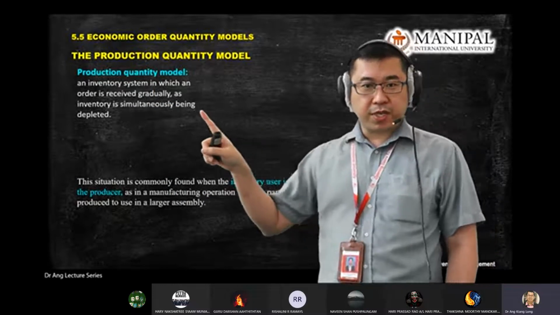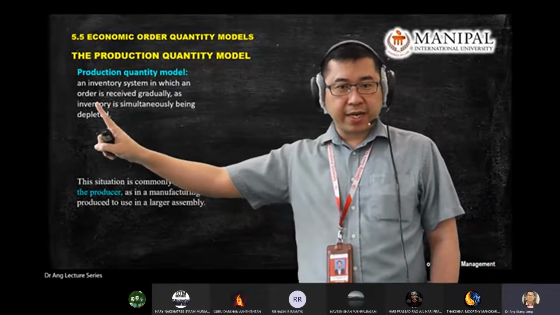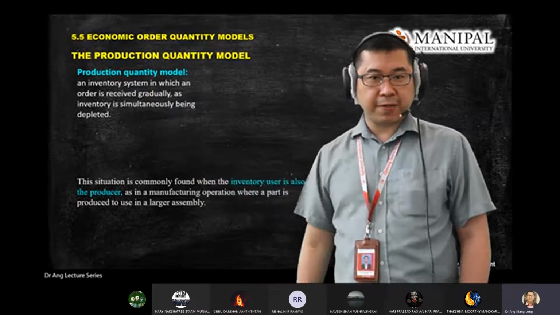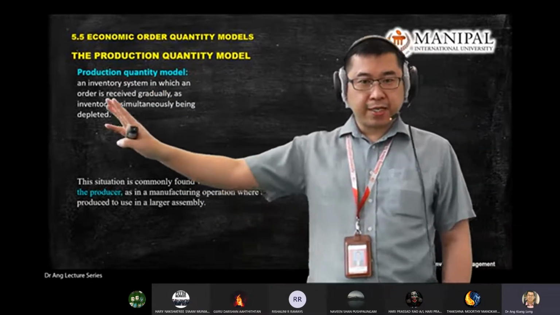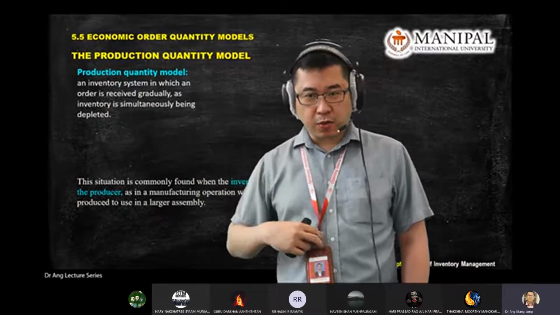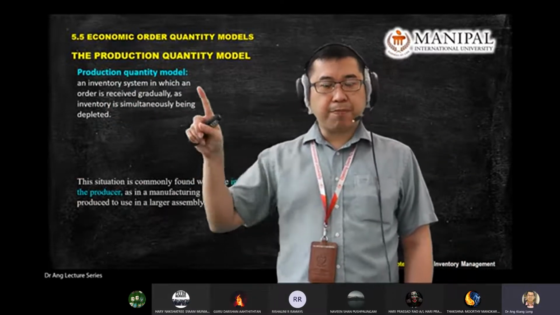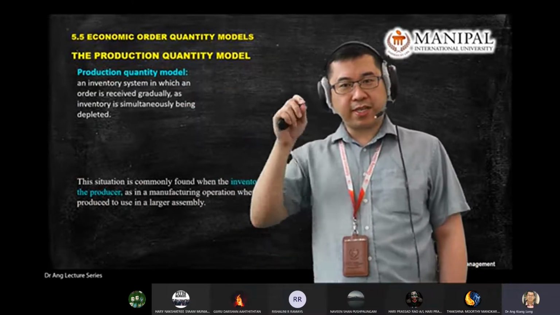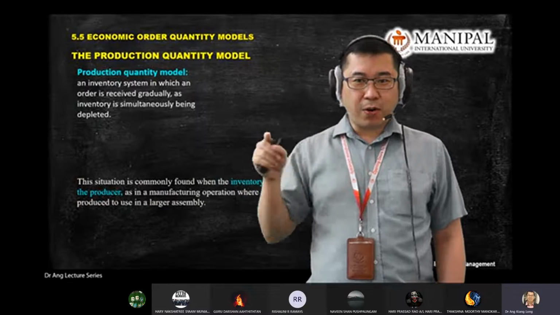It is another method where the orders increase gradually. The order increases gradually means we order slowly and slowly, compared to the basic one, where we order and assume the order arrives all at once.